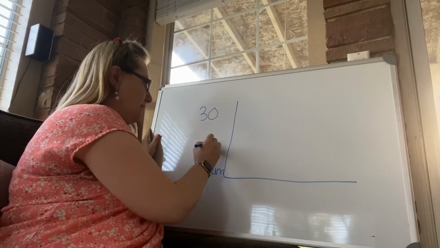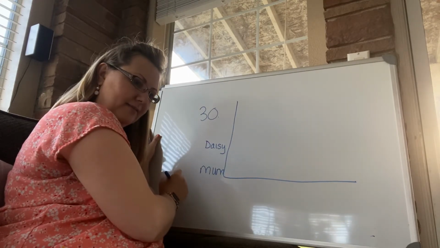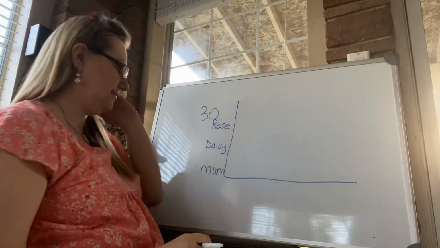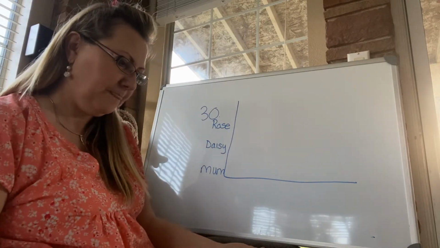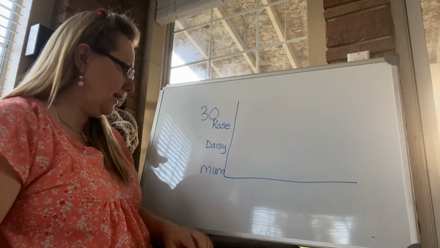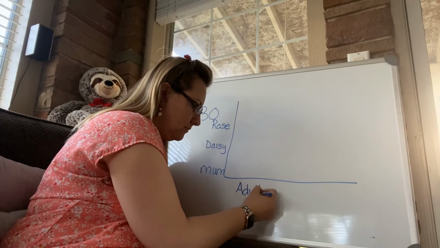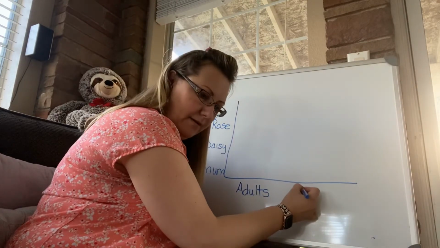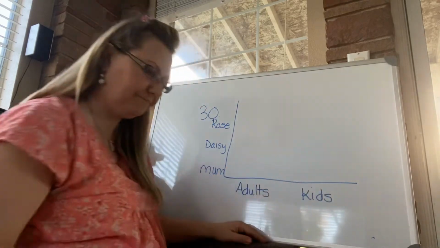Maybe we'll try it this way: mums, daisies, and roses. We could try it this way, or we could try it the other way and see which one works. All right, so now here we could do a graph for adults. Probably should have done it the other way. And we can do one for children. I'm just going to call them kids for short.